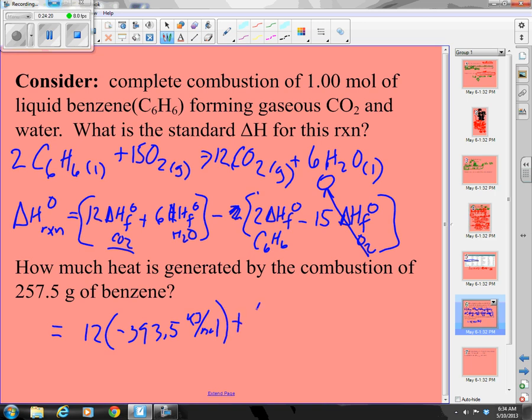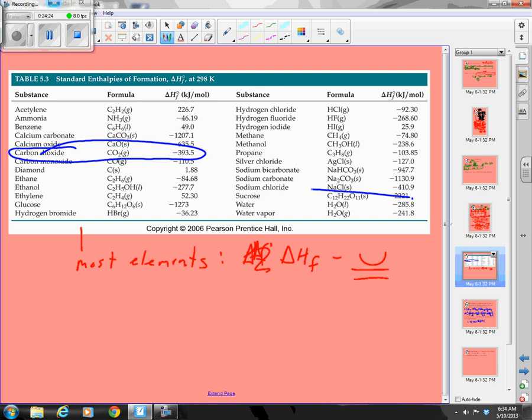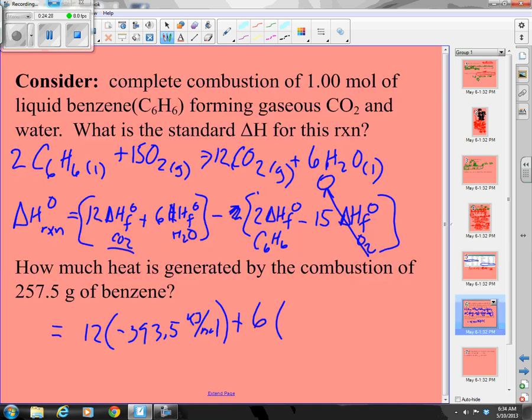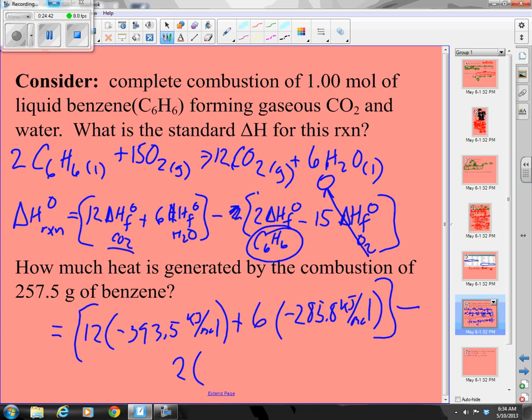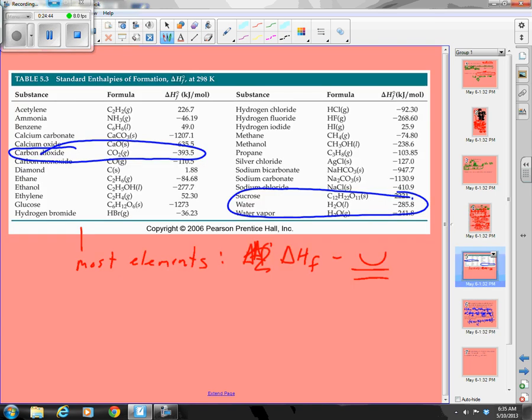Plus 6 times my water, negative 285.8 kilojoules per mole. Cool. Put this in a big bracket. Minus what? 2 times the standard heat of formation of my benzene.